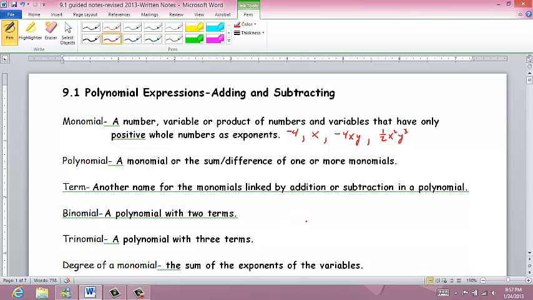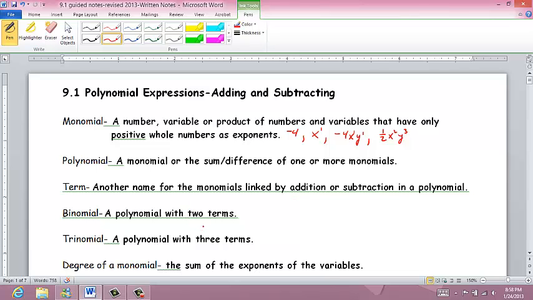All of these are monomials because they are numbers, variables, or products of numbers and variables, and if you look at each of them, all of our exponents are positive whole numbers. Okay, your exponents cannot be variables here.